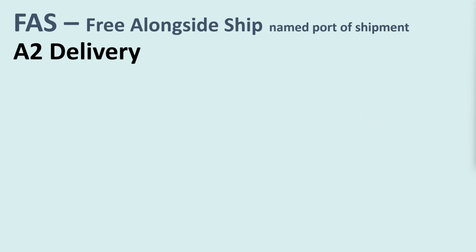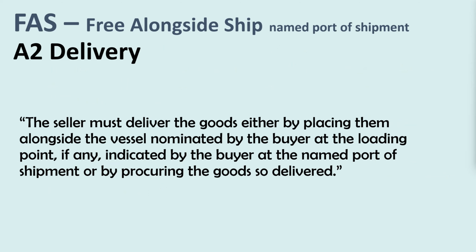A2, delivery. The seller must deliver the goods either by placing them alongside the vessel nominated by the buyer, at the loading point, if any, indicated by the buyer, at the named port of shipment, or by procuring the goods so delivered.